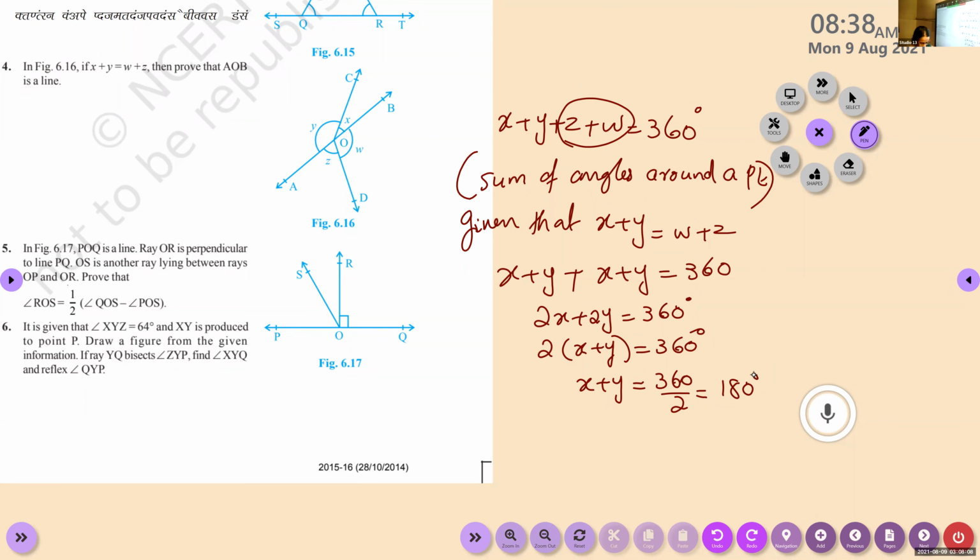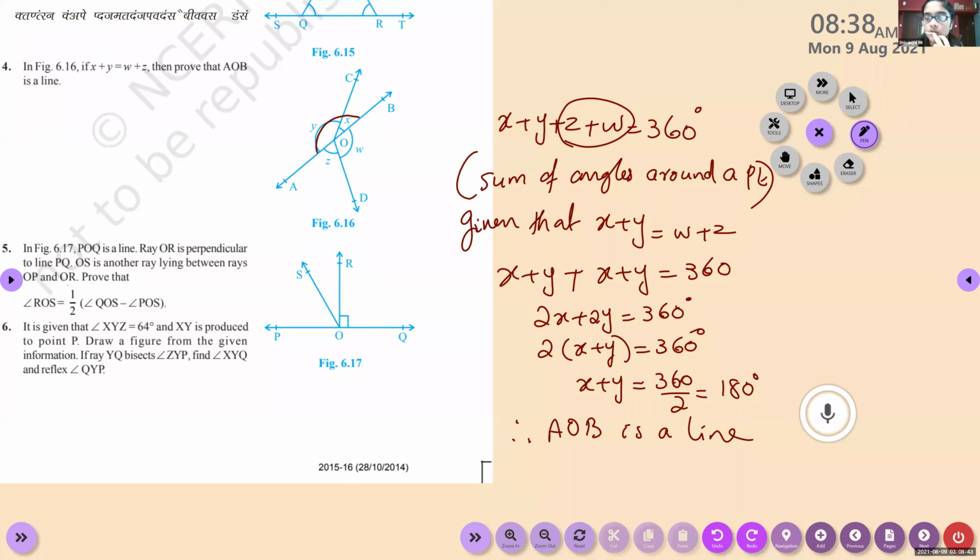So what can we write? Sum of 2 adjacent angles is 180 degrees. Then AOB is a line. See, here x and y form a linear pair. X plus y is 180 degrees. So we can write that AOB is a line. Ma'am, you have written in brackets, right?